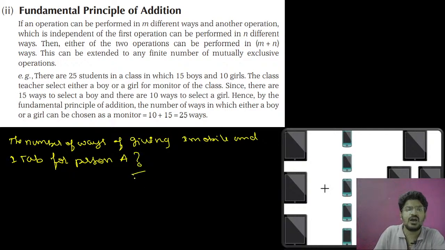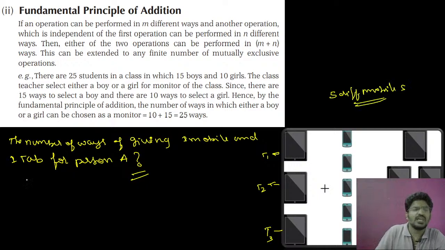So now tell me the answer. The number of ways of giving one mobile and one tab for person A, where he has 3 different tabs and 5 different mobiles. Okay. Now tell me the answer.